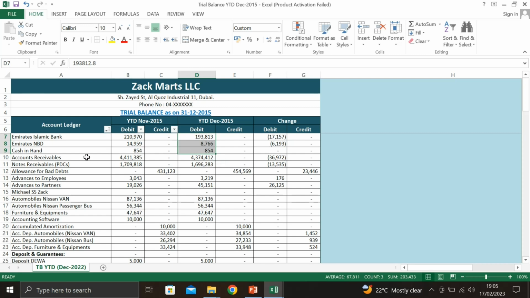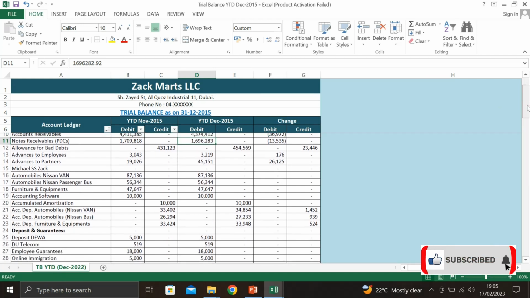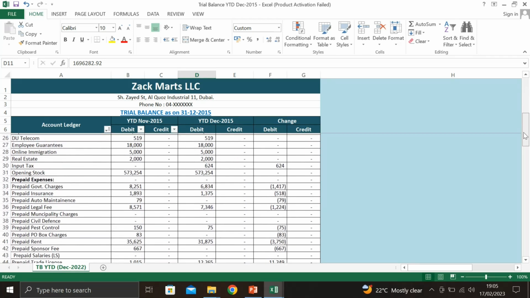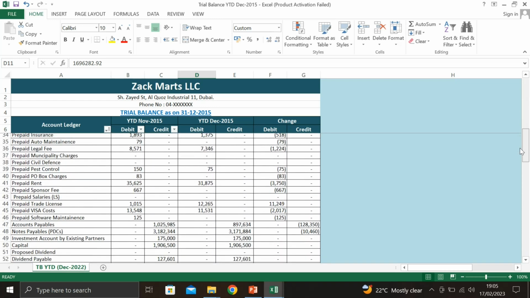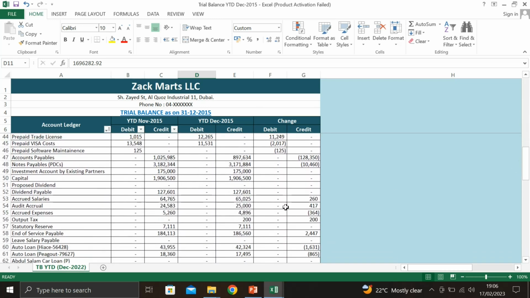Then the accounts receivable balance we have here, this much. Then PDCs from the customers we have here, 1696. And after that, the suppliers' balances we also have here, accounts payable.